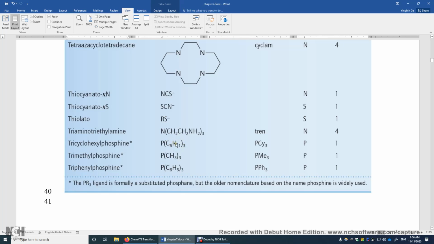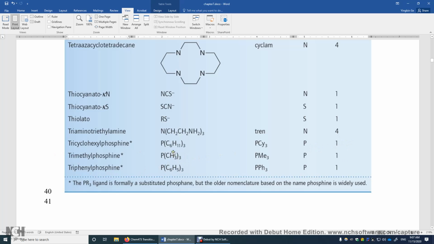So those are just cyclohexanes, and then you remove 1 hydrogen atom, and then you have this carbon bonded to the phosphorus. The phosphorus has 1 lone pair that can be used to donate to the transition metal.